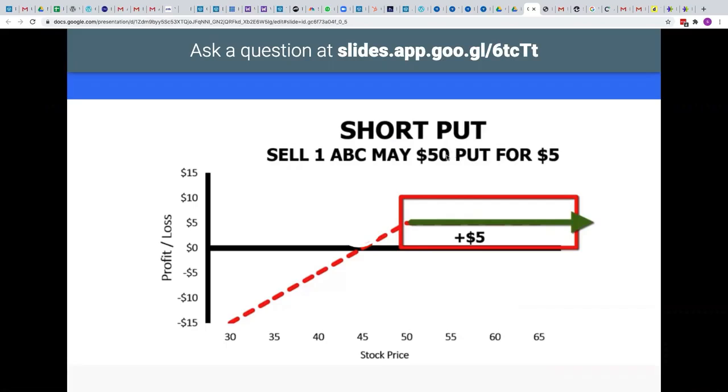So with a $50 put, you've already collected the premium of $5. If the stock price goes down to 15, you're losing money; you have unlimited risk. But the moment it goes above 50, you're safe. You always make the $5, but the reward is limited. You have only $5, right? That's what it is saying.